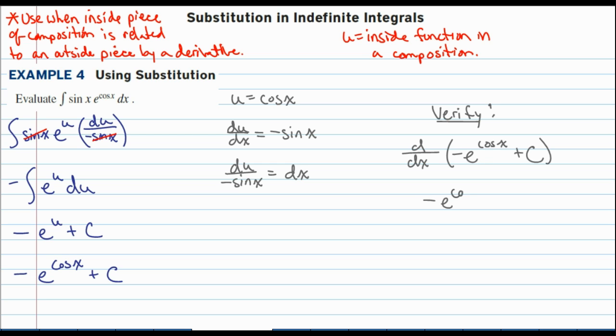So I have e to the u times the derivative of u, so that's negative sine of x, and then the derivative of c is 0. So now the two negatives cancel out, and I get sine of x e to the cosine x. So I did verify that, in fact, what I found for my antiderivative, if I take its derivative, I get the inside function that I was antideriving or integrating in the first place.